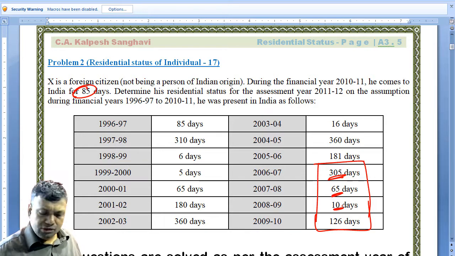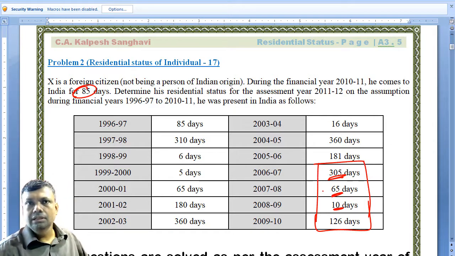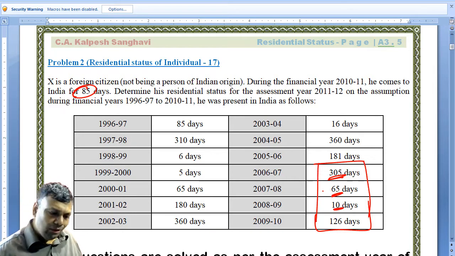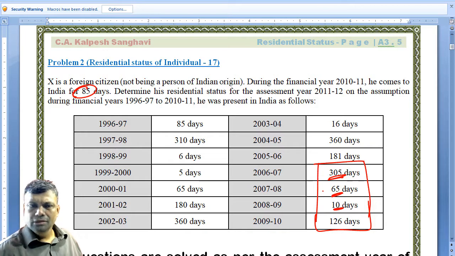But what you can do, friends, as a student, for fill in the blank, you can use your calculator and take the total of these 4 years and see whether it is matching with the condition of 365 days. Correct? But I see I'm apparently only 305 plus 65, so that is more than 365. Finish. So that 4 years condition is satisfied. Other conditions I have to test.